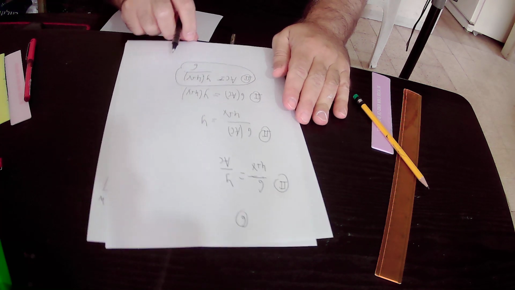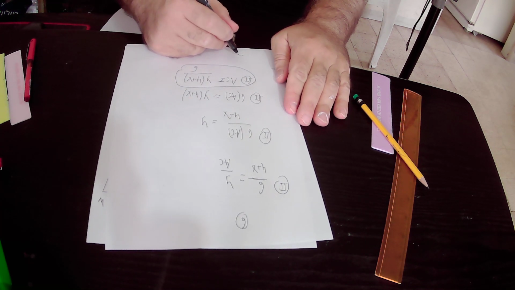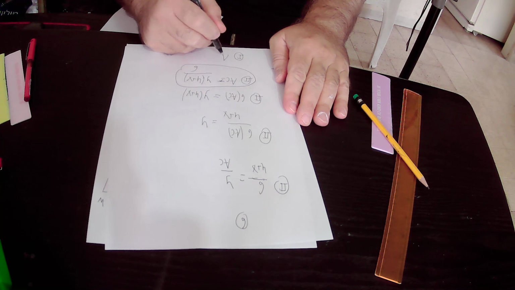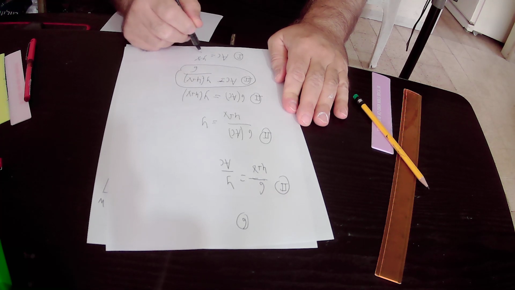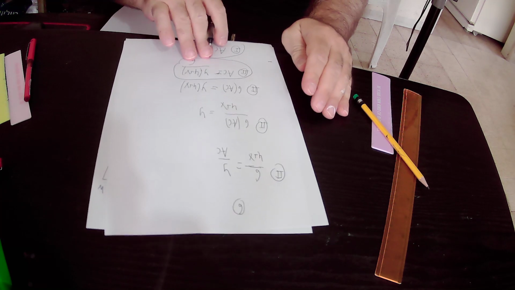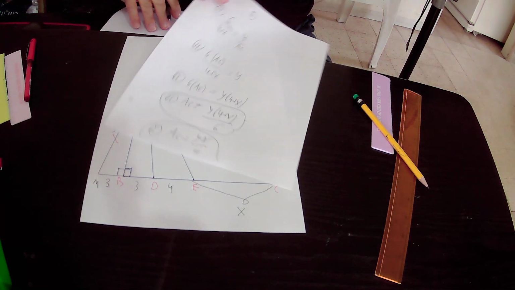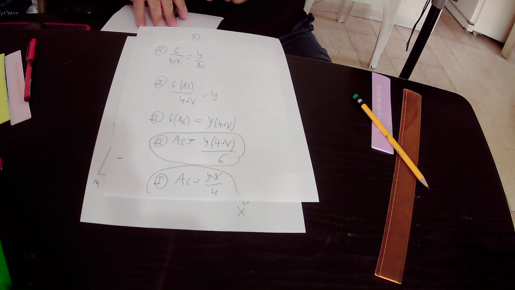And from equation number 1, we know that AC equals y times x over 4. Okay, so we have the value of AC in two equations, in equation number 1 and equation number 2.